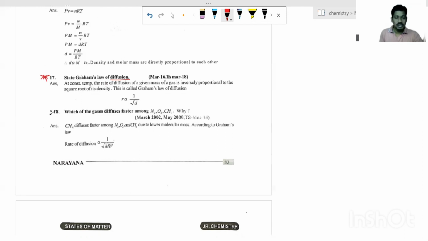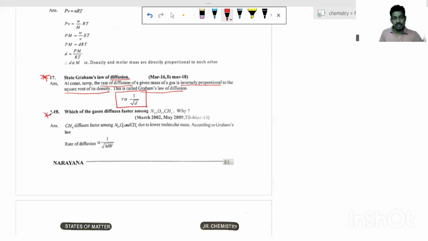So at constant temperature, the rate of diffusion of a given mass of a gas is inversely proportional to the square root of its density. So this is called Graham's law of diffusion, which is mathematically expressed as R is inversely proportional to square root of density.